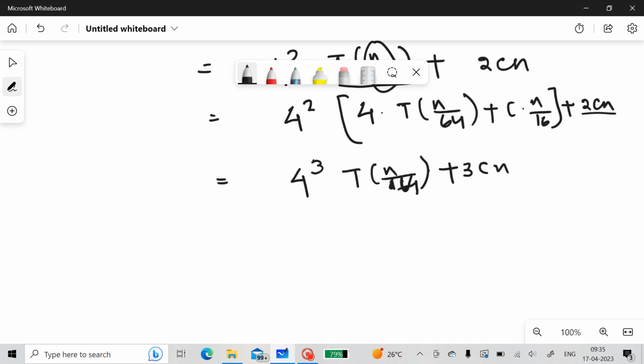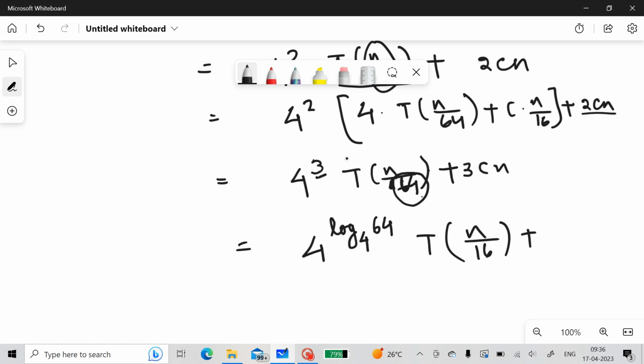You can see the pattern: the number you are getting as the denominator, log of that number base 4, appears as the exponent. I can write it as log 64 base 4, with T of n over 64 plus log 64 base 4 times cn.